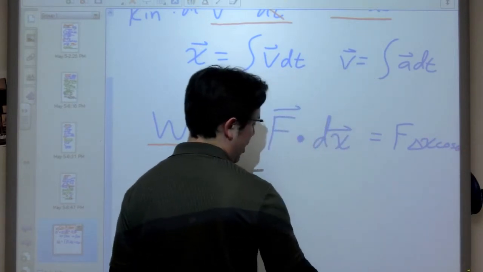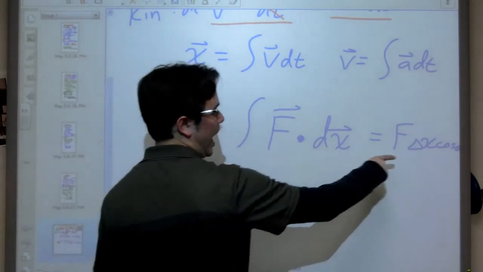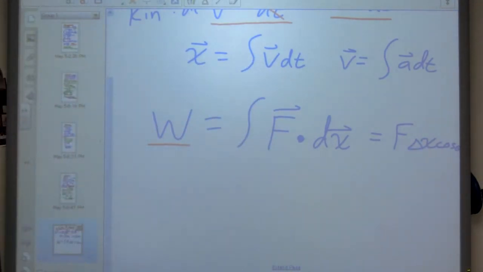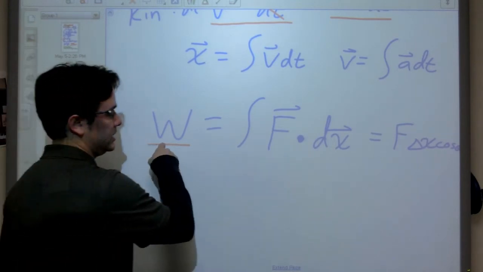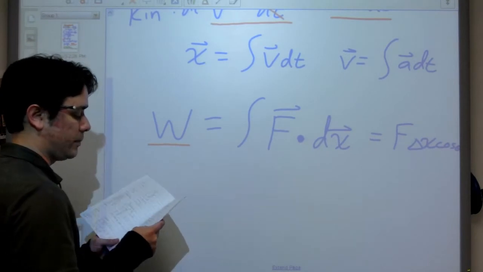Always remember that you have to be applying this force over a distance, and that your angle is important as well. Okay? So double check that. But this relationship is incredibly important. Now from this, there's one thing that we did talk about a little bit.